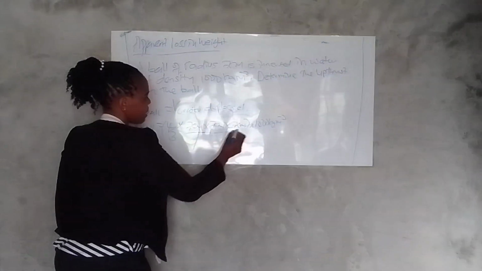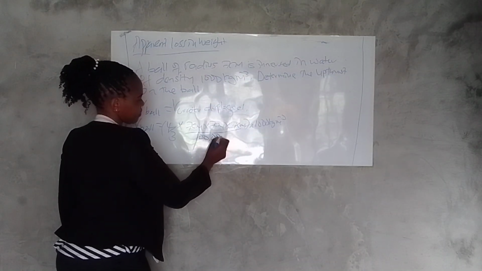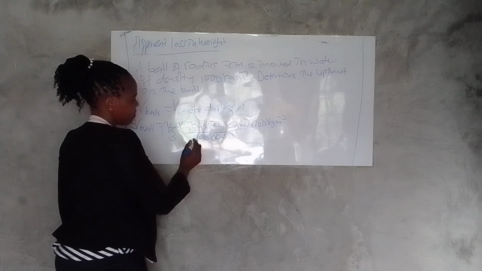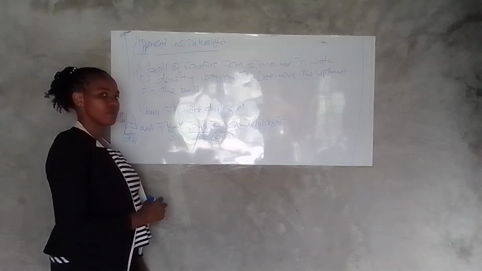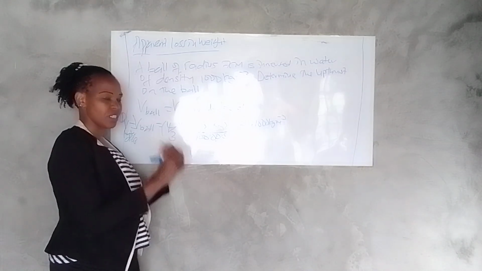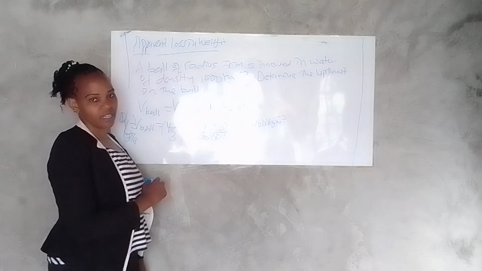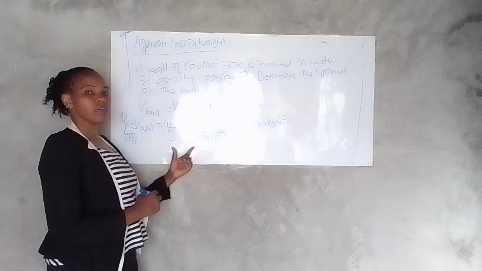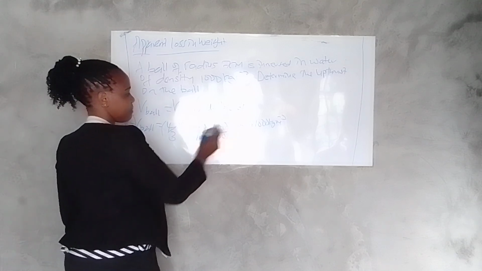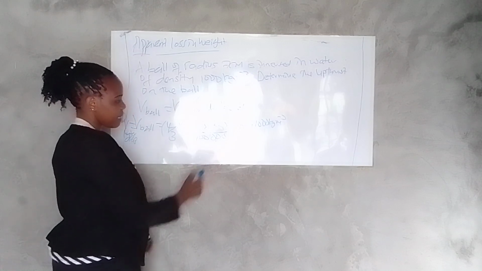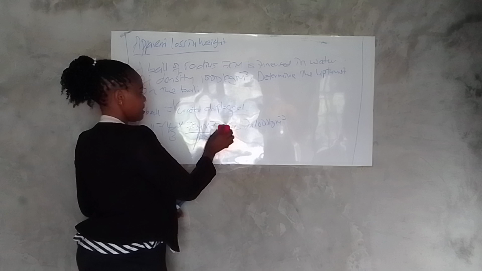So if I divide this by 1 million, then I'll have my volume in cubic meters. Remember, centimeter, centimeter, centimeter; by dividing by a million, I now have the answer in cubic meters.